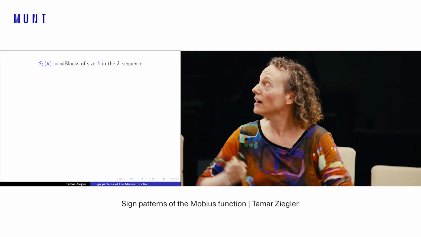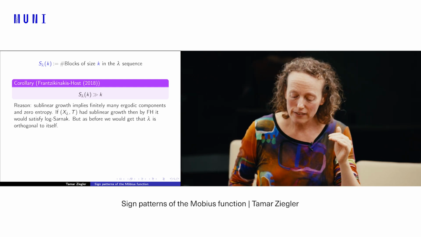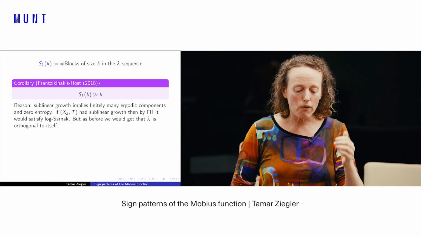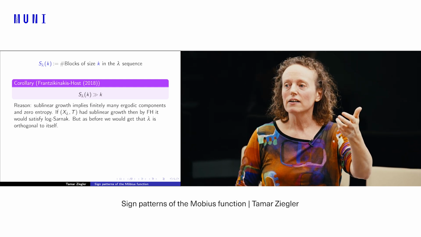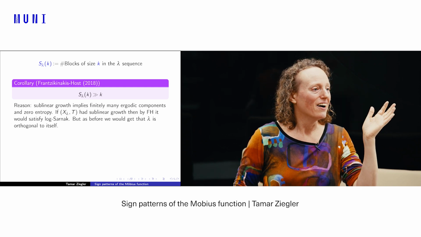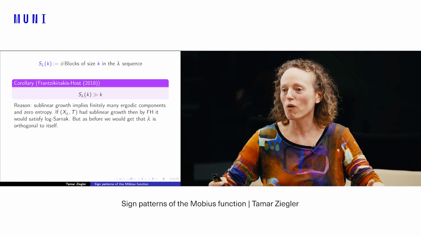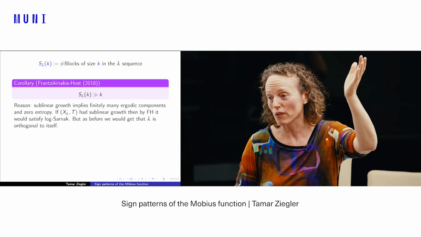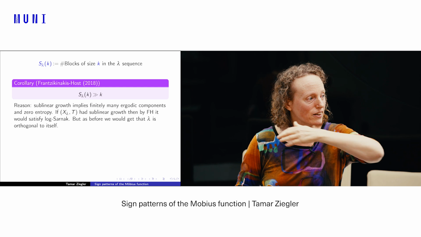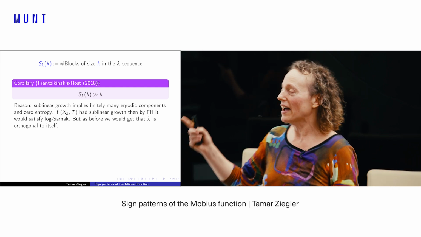A corollary of this Frantzikinakis-Host theorem is that these sign patterns grow at least linearly. Think about what we didn't know: we knew almost nothing. We didn't even know that they grow. We want to show that they have exponential growth, but until this theorem, we didn't know that they had better than linear growth.